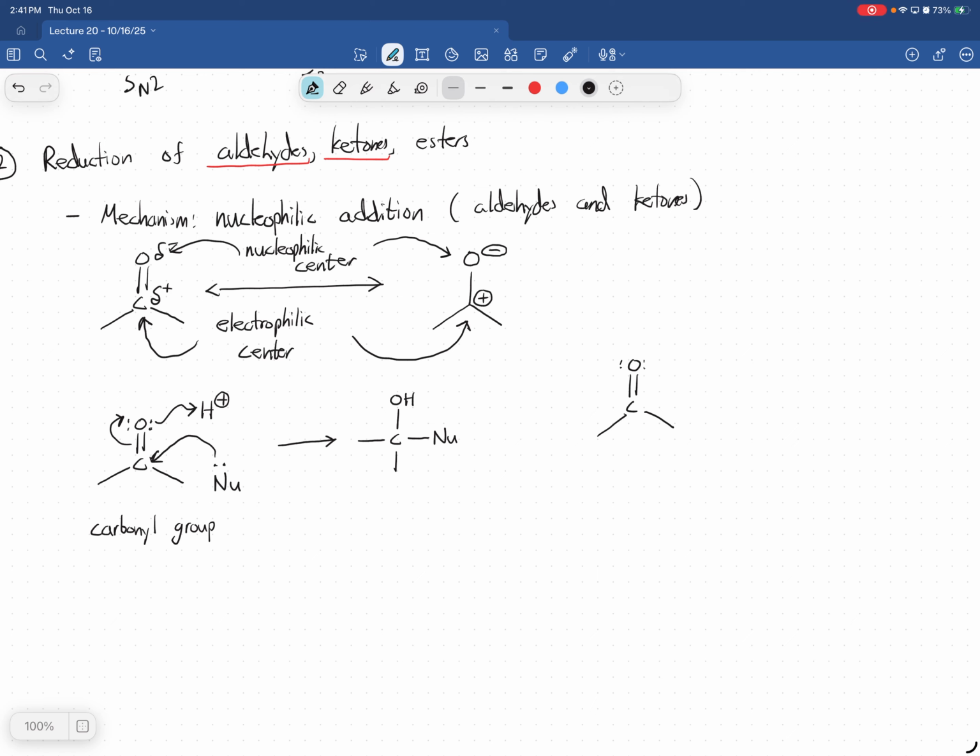Well, with anything with double or triple bonds, you can add more atoms to it, just like we demonstrated. So reduction means you're pretty much adding more bonds to carbon and getting rid of the pi bond, okay? So in our case, H minus is our reducing agent, okay? So it's going to add here and get rid of that bond, okay? And put these electrons back onto the oxygen.